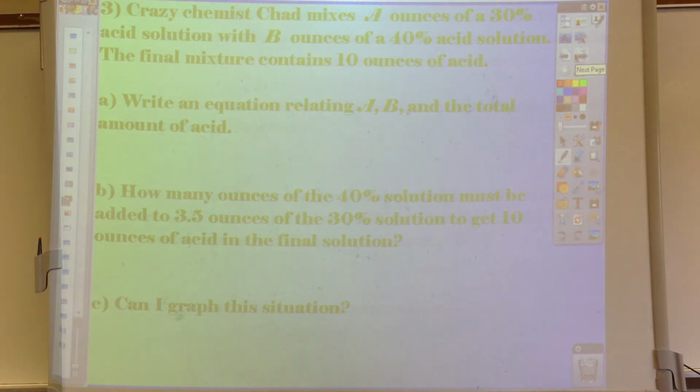All right, last example here before I give you a problem to do. Crazy chemist Chad mixes A ounces of a 30% solution with B ounces of a 40% solution. The final mixture contains 10 ounces of acid. Write an equation relating A, B, and the total amount of acid.